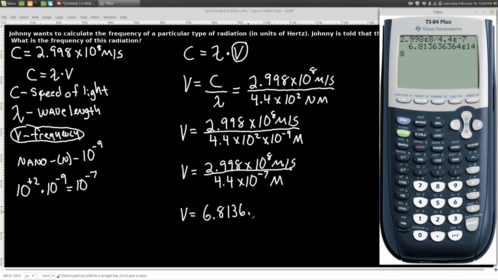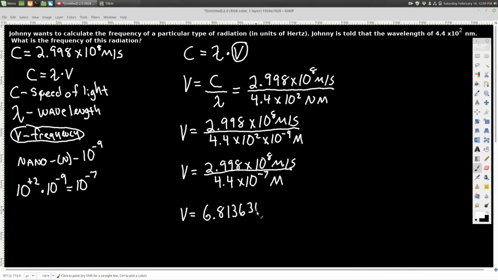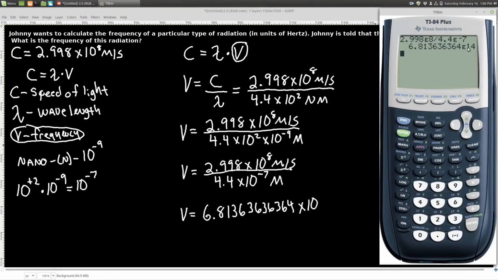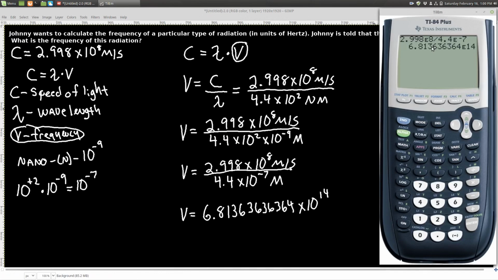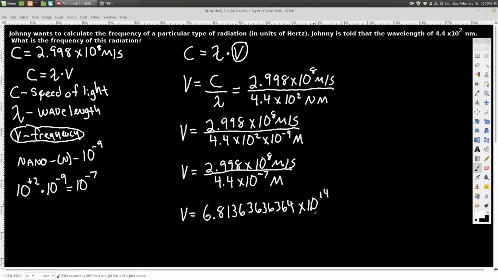It looks like 3 6 repeating, 3 6 3 6 3 6 4 times 10. Now you're probably asking, why did you write times 10? Well, because that's E14. Basically these look like they were repeating all the way through until they got here. Let me make sure I didn't write too many 36s. I wrote one too many, but forgive me for that.